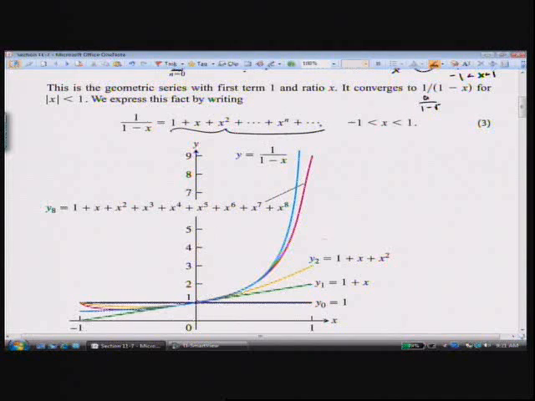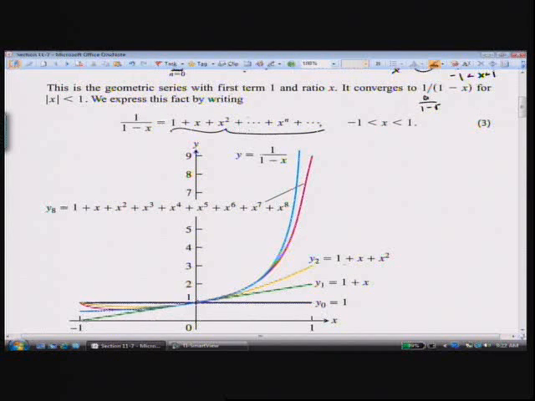Now, you can use this function to approximate particular values of 1 over 1 minus X. But obviously you'd have to stop. When do you stop, right?